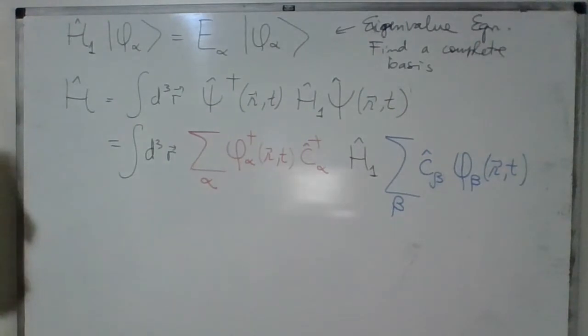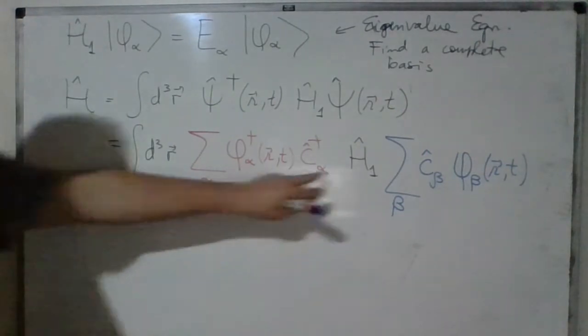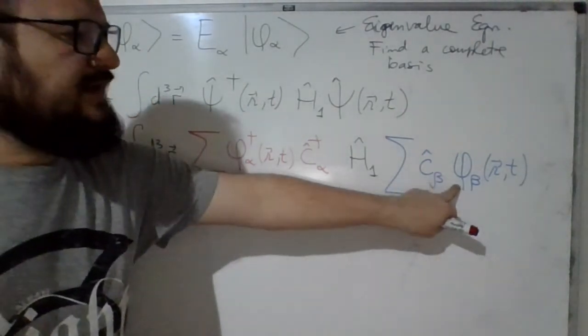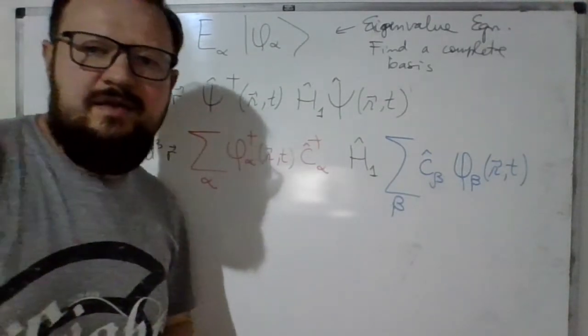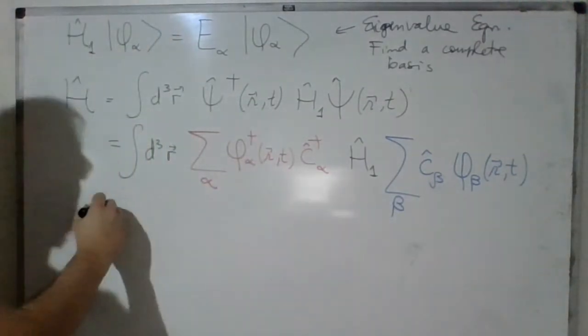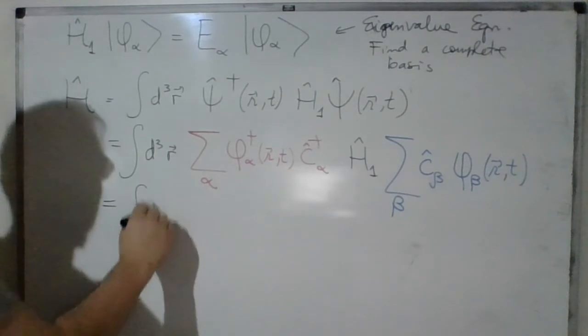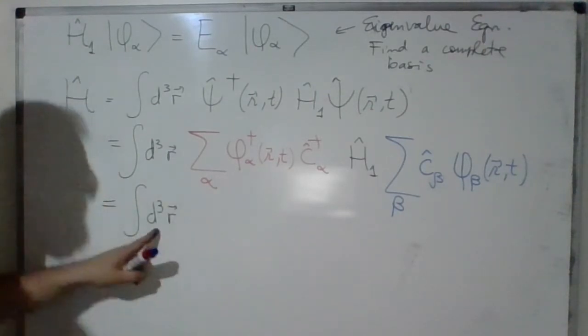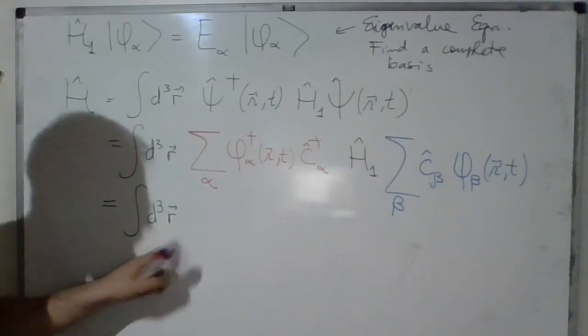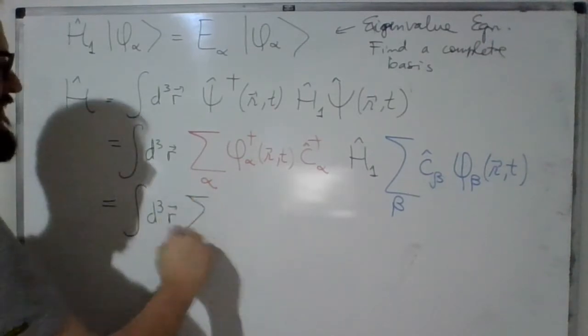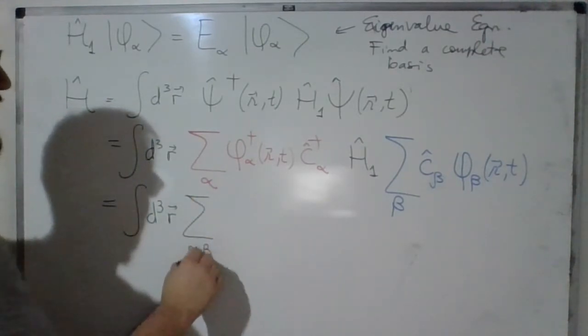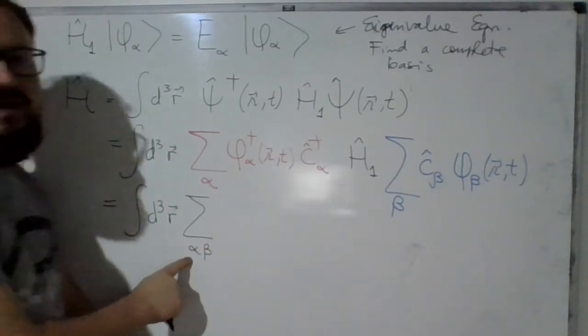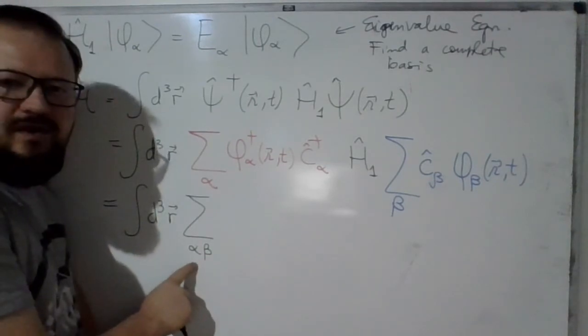In this way, our Hamiltonian applied to the state is just an eigenvalue equation. This produces the following: an integral over d3r over the entire volume, and a summation over both indices. These can be a set of quantum numbers.